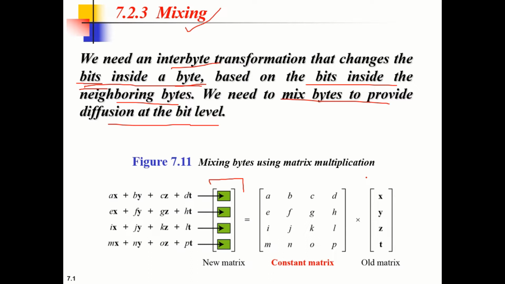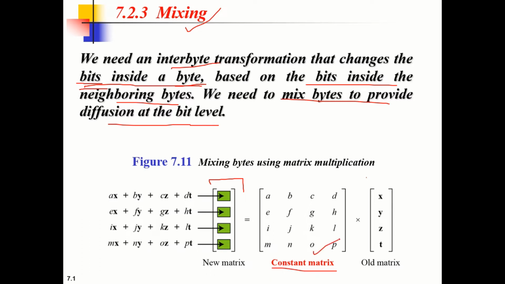To guarantee that each new byte is different, this combination process first multiplies each byte with a different constant and then mixes them. For this multiplication process, we use a constant matrix. This is just an example.